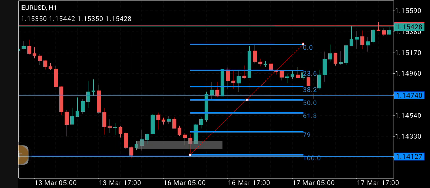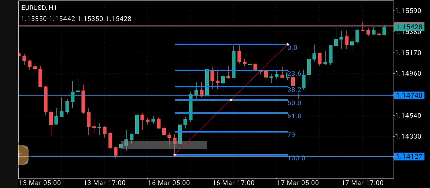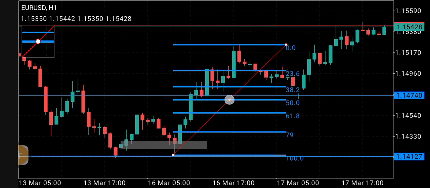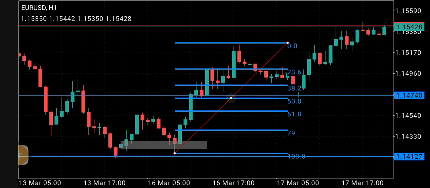And as you can bear me witness, those levels, they are exactly around 50 Fibonacci retracement level. Okay, look, this is it here. Exactly.